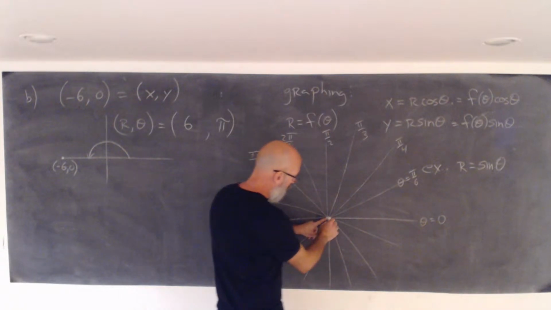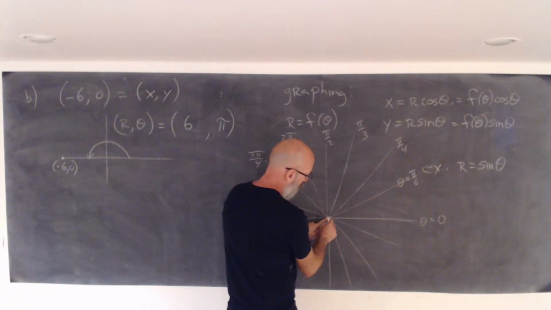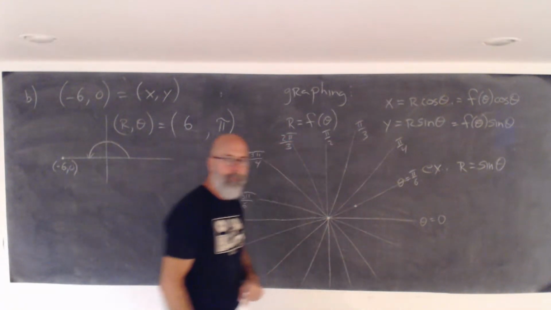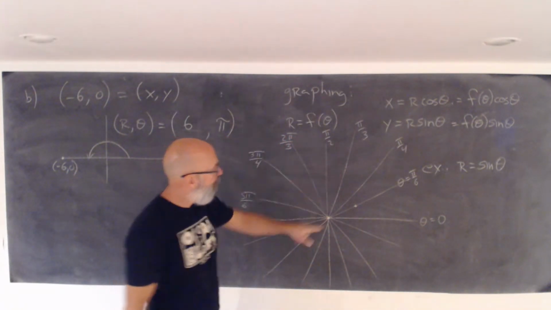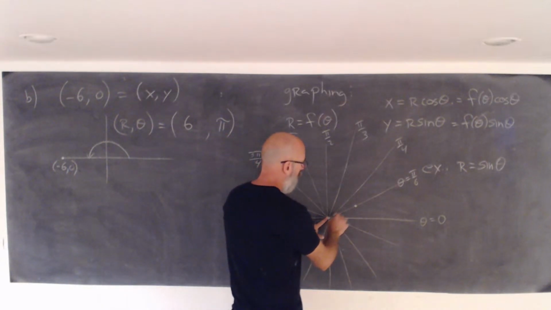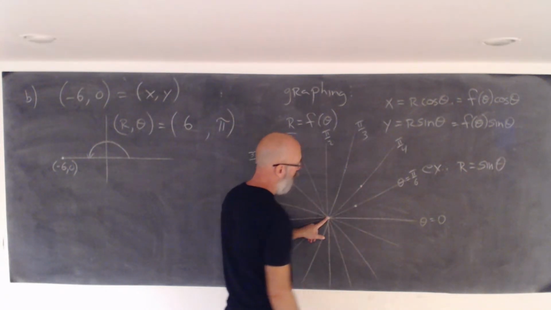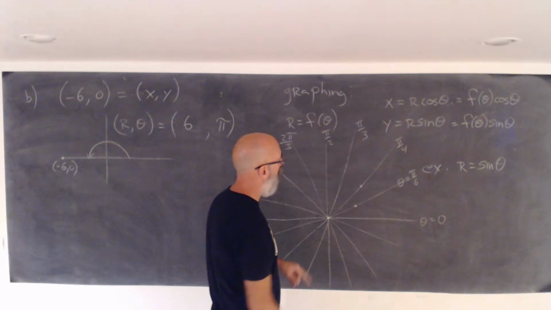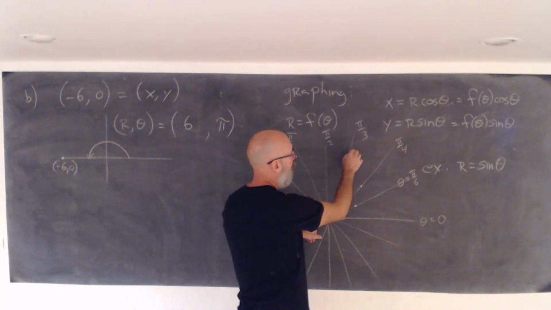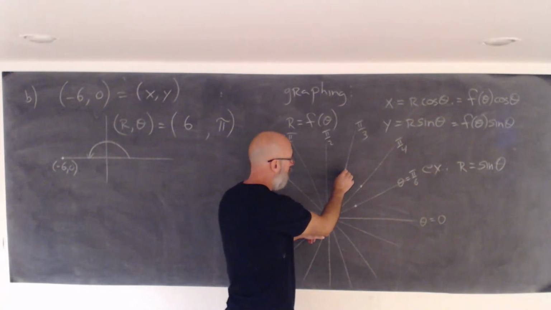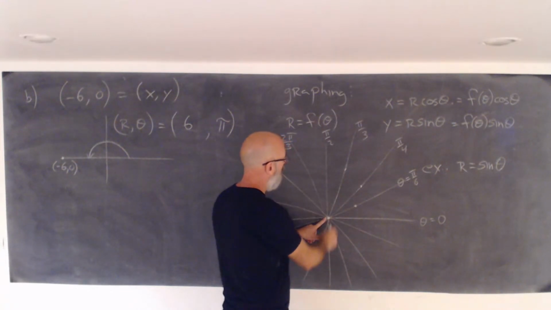So on this angle, on this ray, go a distance of 1/2 away from the origin. Sine of pi over 4 is 2 over root 2. So go a distance of 2 over root 2 on this ray. Sine of pi over 3 is root 3 over 2. Sine of pi over 2 is 1.